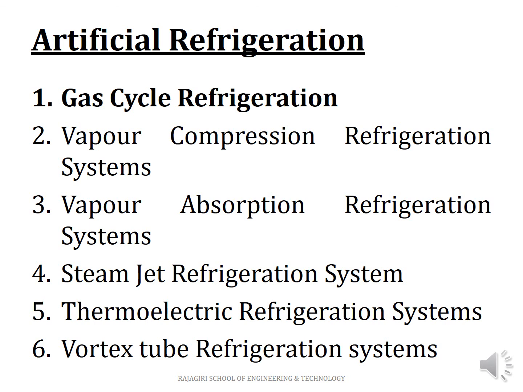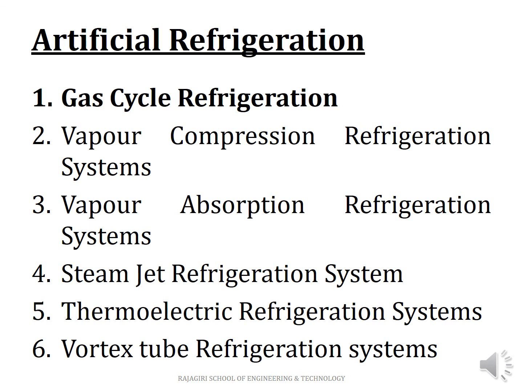So these are the main methods of artificial refrigeration: the gas cycle refrigeration, vapor compression refrigeration, VCRS, vapor absorption refrigeration, VARS, steam jet refrigeration, thermoelectric refrigeration systems, and vortex tube refrigeration systems.